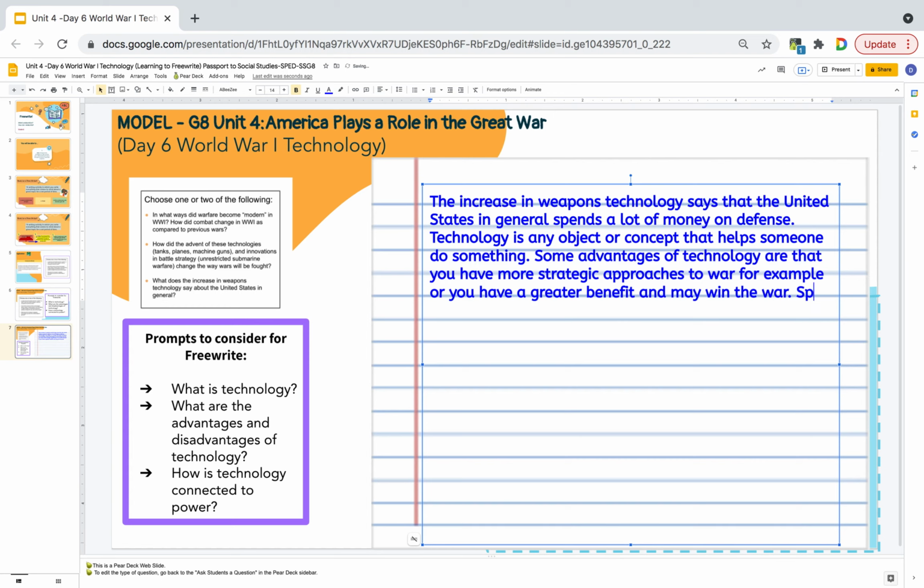Some disadvantages are that technology can be destructive.